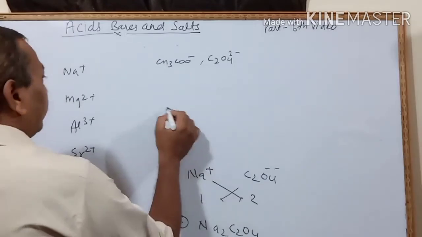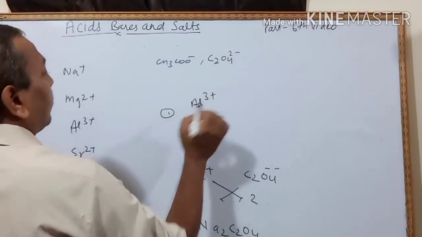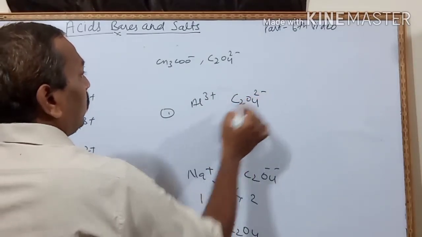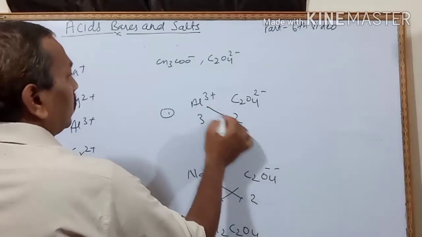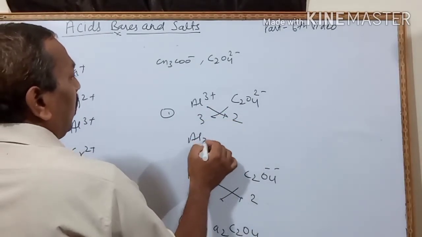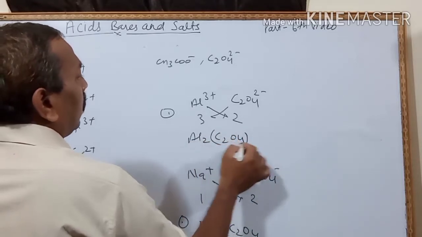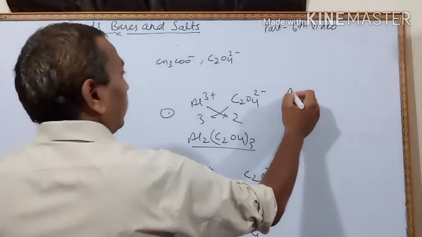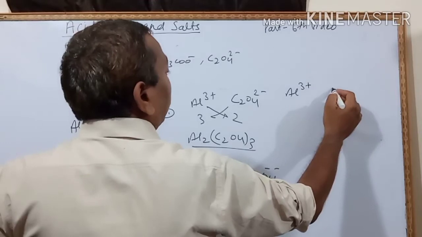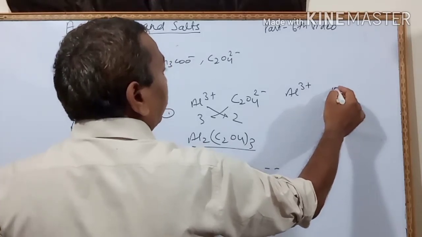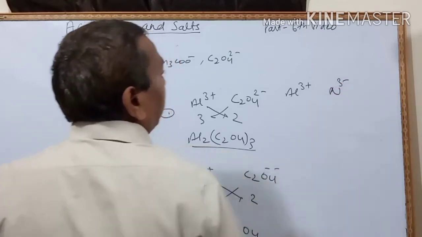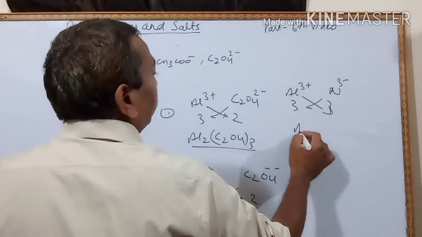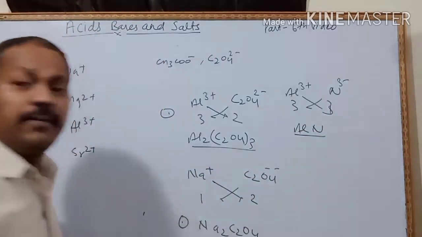Similarly, if aluminum is 3 plus and oxalate C2O4 2 minus, valencies 3 and 2, by the crisscross method the formula is Al2(C2O4)3, aluminum oxalate. Similarly, take aluminum and nitride with 3 negative charge: 3 and 3, common factor is 1, so the formula is AlN, aluminum nitride.